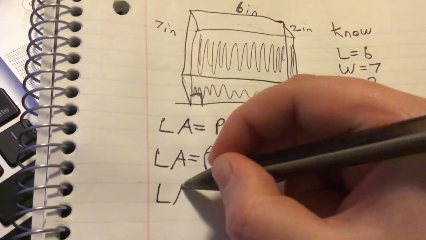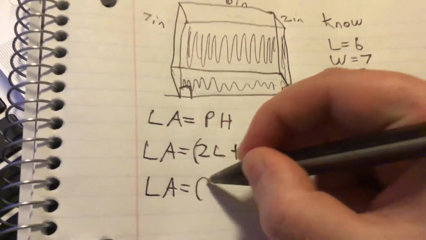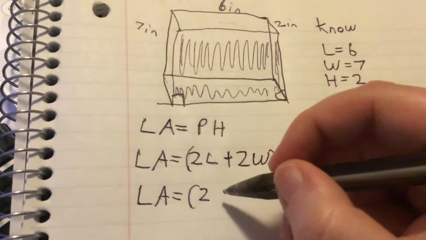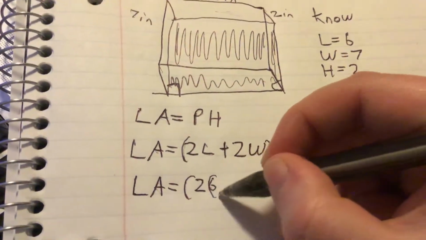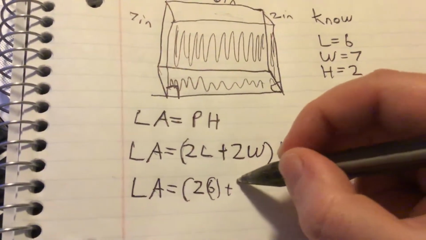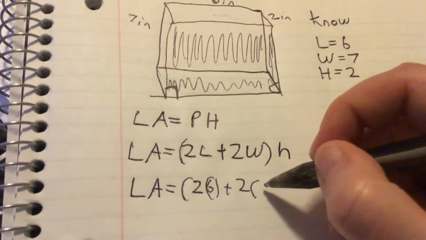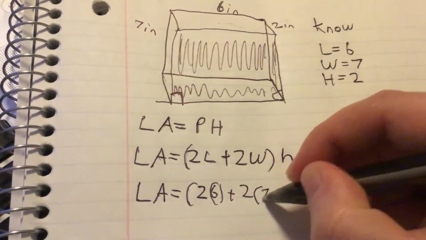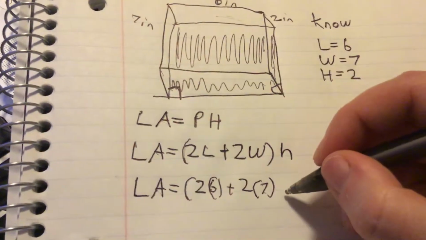So that'll mean I turn this into 2 times 6 plus 2 times 7 times 2.